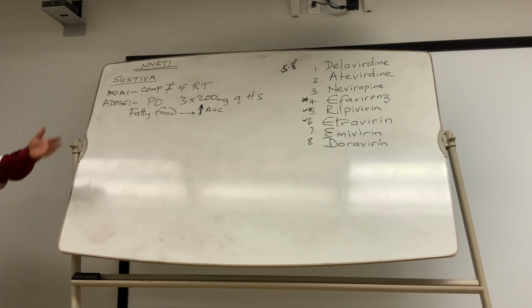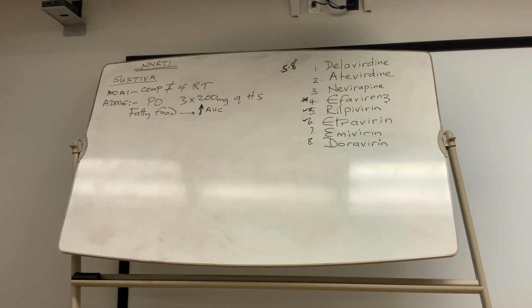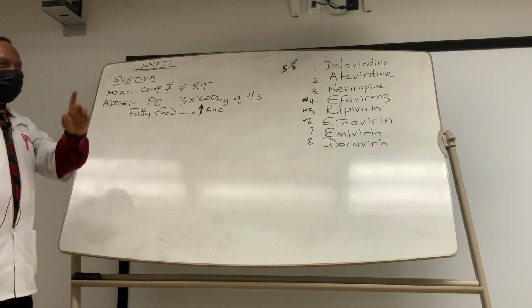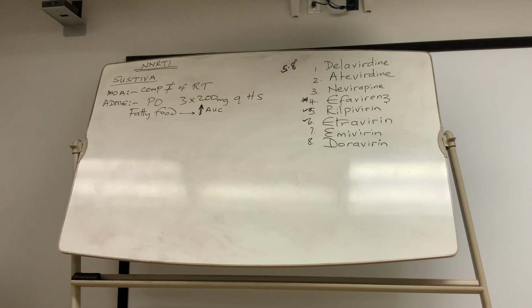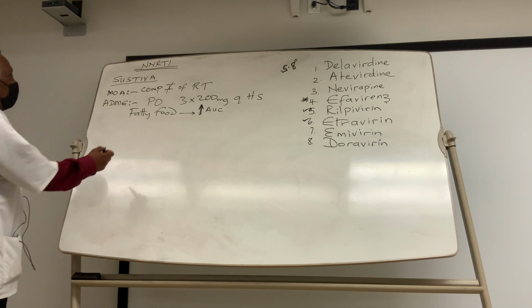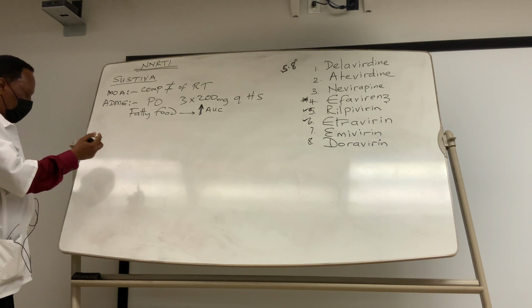Okay? And then if you go to AZT, fatty food can decrease the AUC. Then go to NNRTI, Sustiva, fatty food will increase the AUC. And when we get to the PIs, we'll say that fatty food will decrease the AUC. So that's the effect of fatty food here.